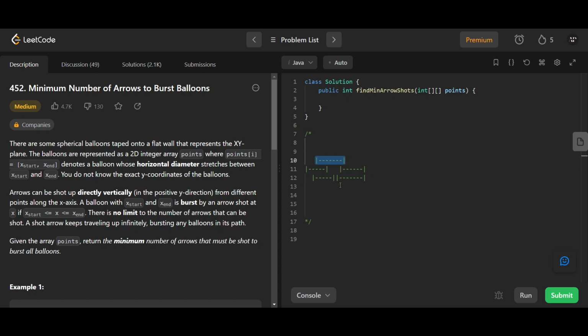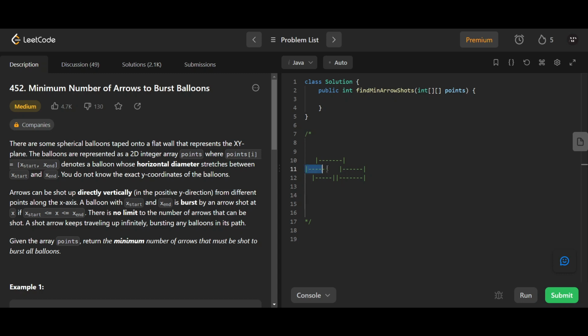This is the next one, correct? And then this is the next one, and there will become a point where the next one, which is this, no longer intersects. At that point is where we stop and say, okay, this will be my second starting balloon, and for all of these, I have one arrow.